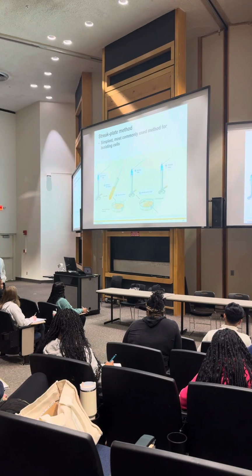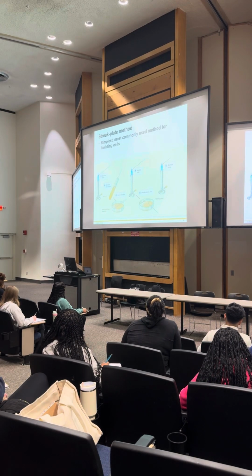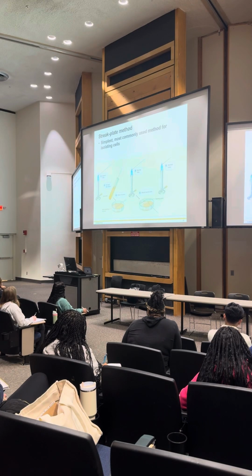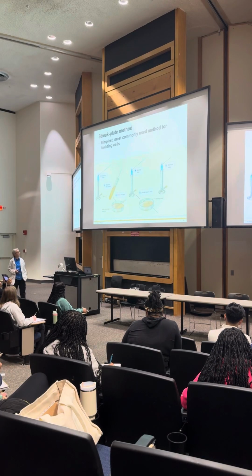Step number one, you're going to sterilize this, or you're going to use a sterile loop. Step number two, you're going to put that sterile loop into your culture. In this case, it's a test tube. Step number three, you're going to streak part of the plate. Do you see that? Just part of it.